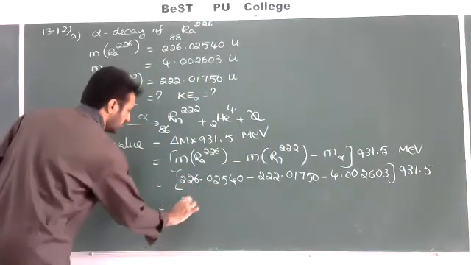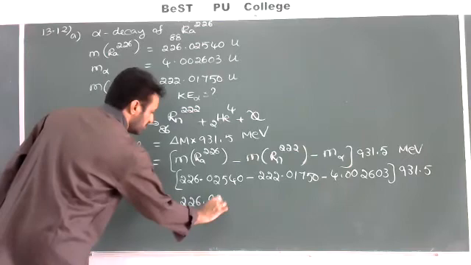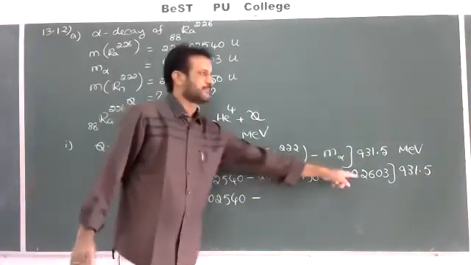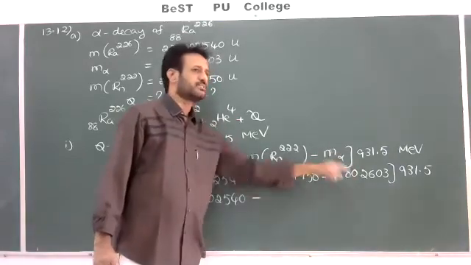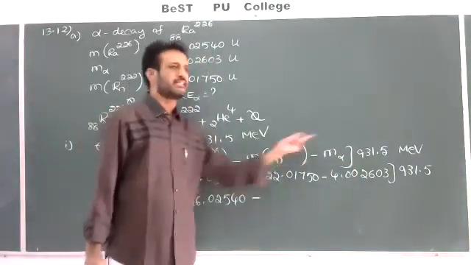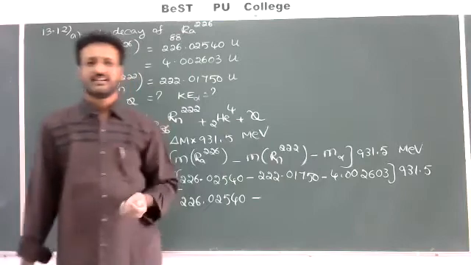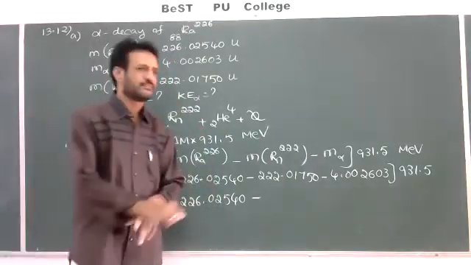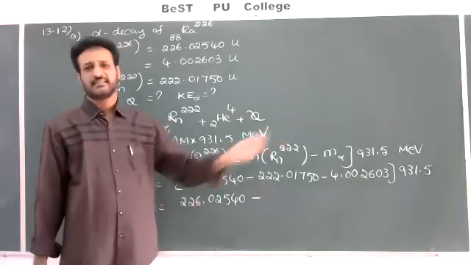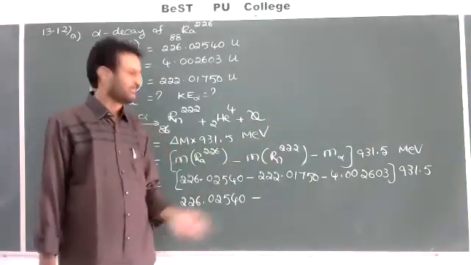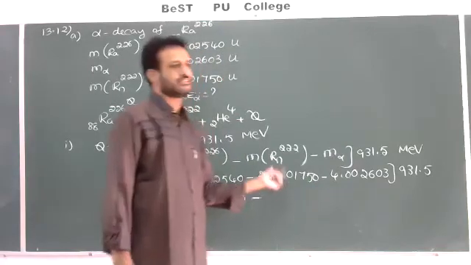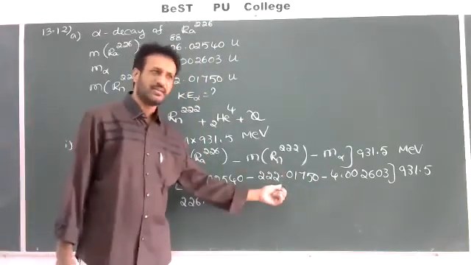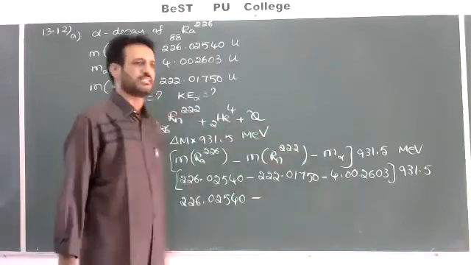First add these two numbers, minus x minus x equals minus 2x, correct? Both minus means you should add. Same way we can add these two minus values, but it's your choice. First from this one you subtract this value and then the next value also, your choice.